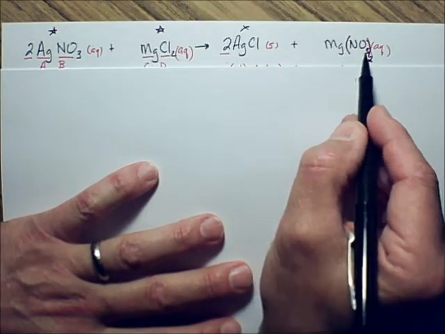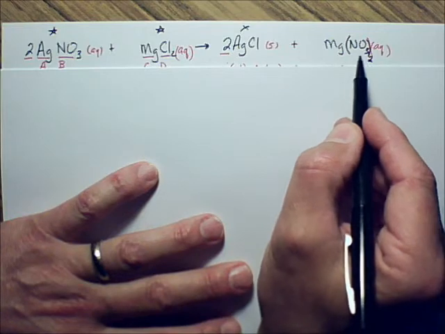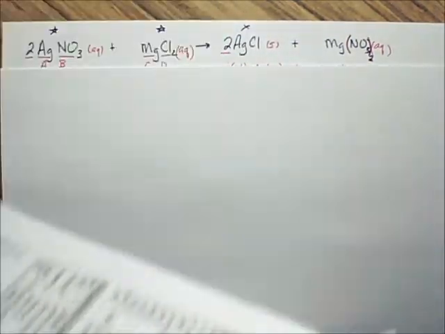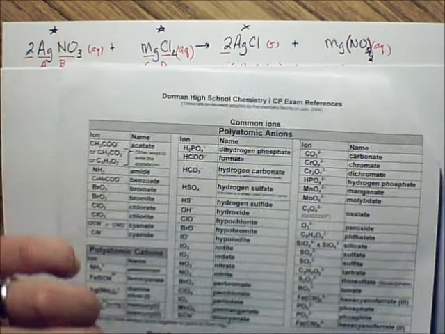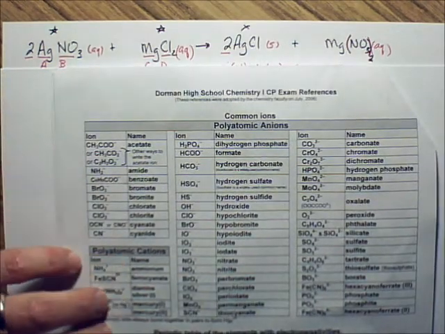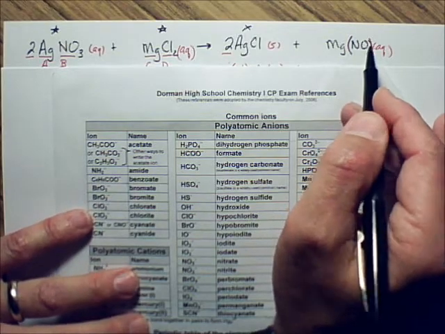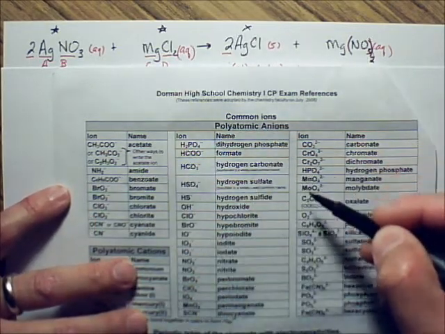This formula has more than two atoms. If it has more than two elements, go to your common ions list and try to find some part of this formula on it.